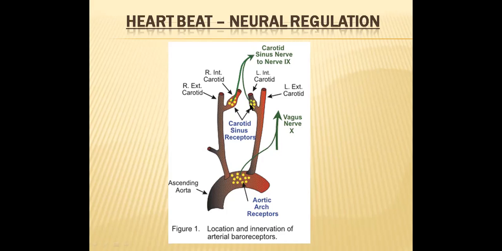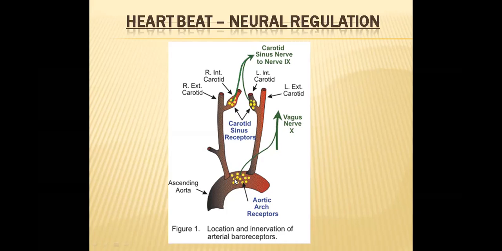These two types of baroreceptors, carotid and aortic, are generating action potentials all the time. These action potentials are normal when the blood pressure is normal.